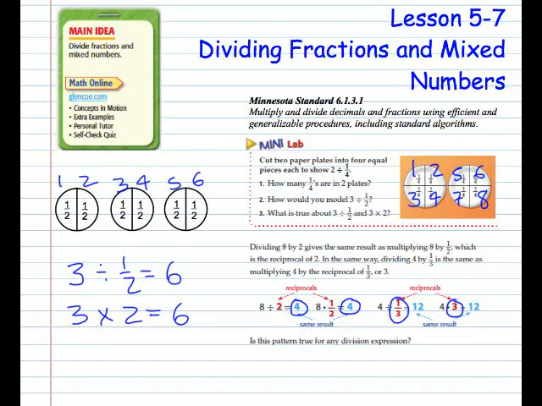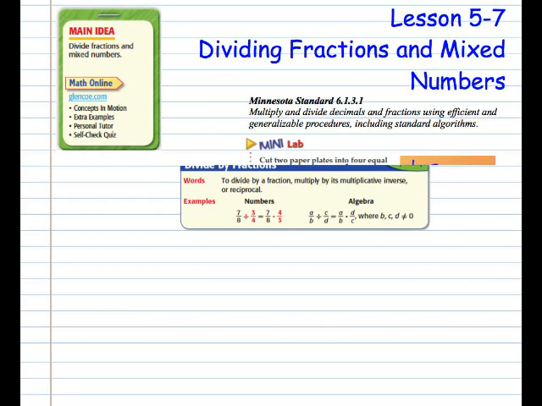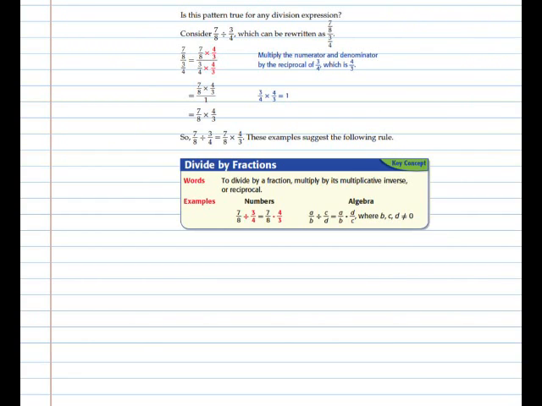Is this pattern true for any division expression? Well, in this expression, I have 7/8 divided by 3/4, which can be written as 7/8 over 3/4. This is a complex fraction used to show division. In this example, I'm going to multiply the numerator and denominator by the reciprocal of 3/4, which is 4/3.